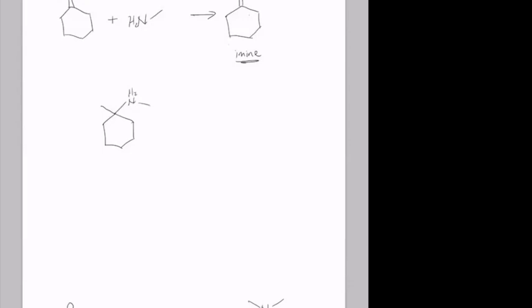Bueller? How do we make oxygen a good leaving group? It's almost always the same strategy, which is to turn it into water, or to protonate it.